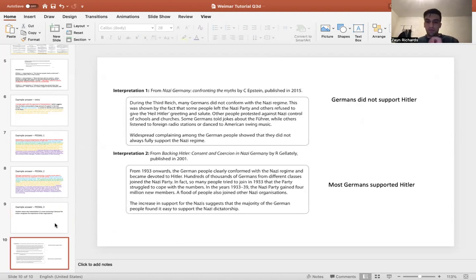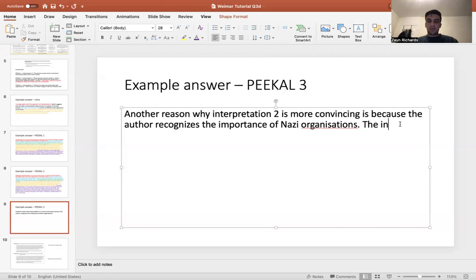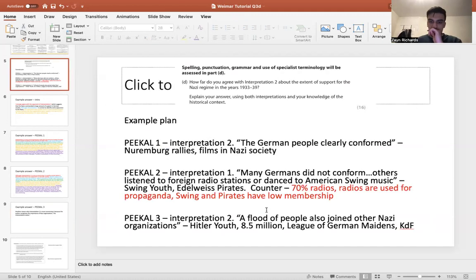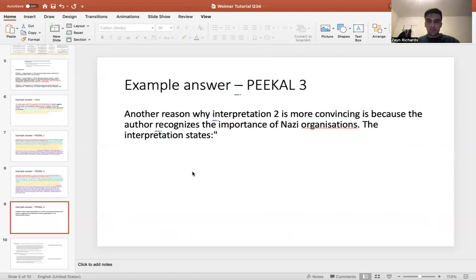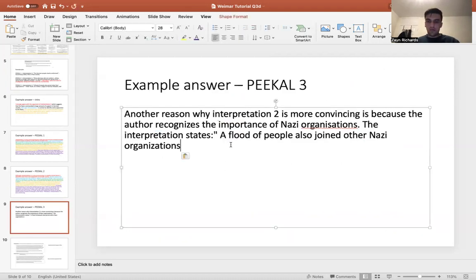Okay. And then we'd want to talk about the interpretation states other people also run other Nazi organizations.